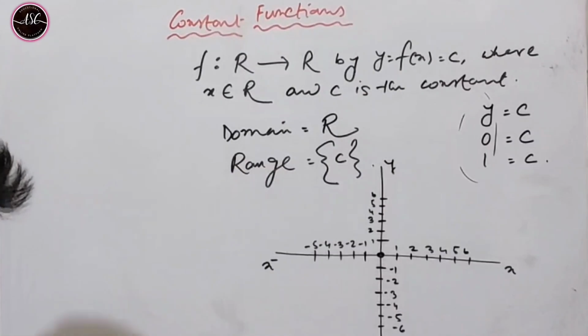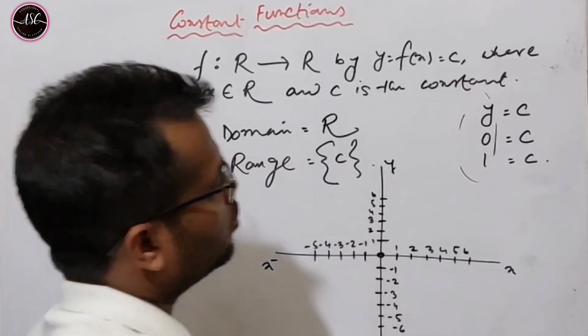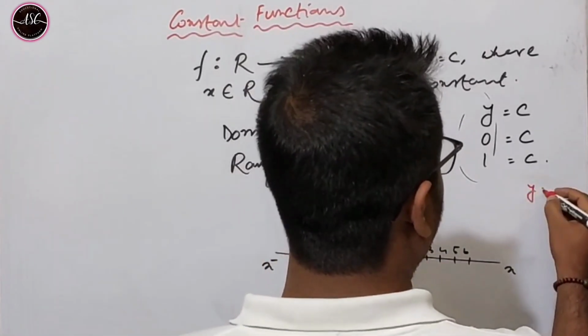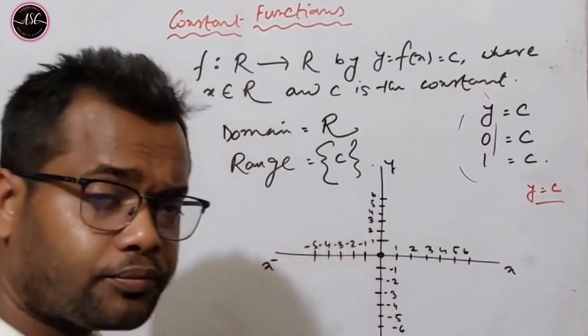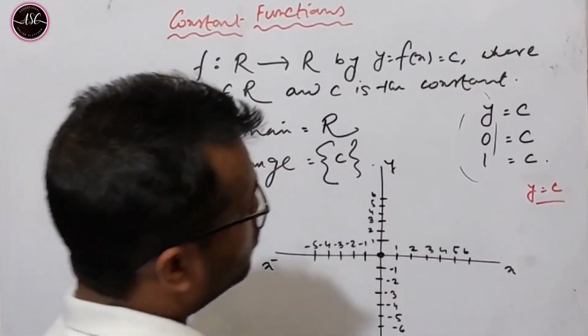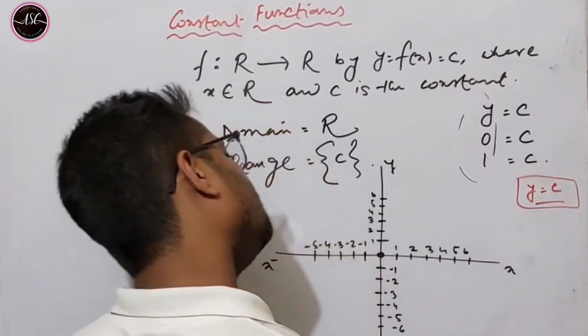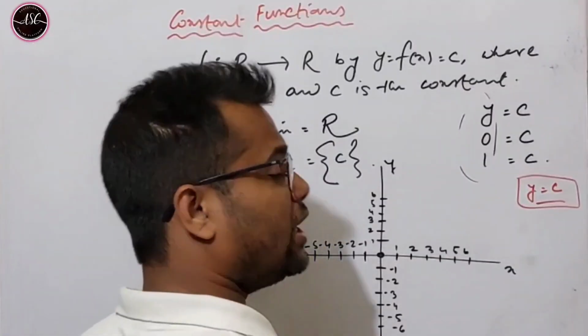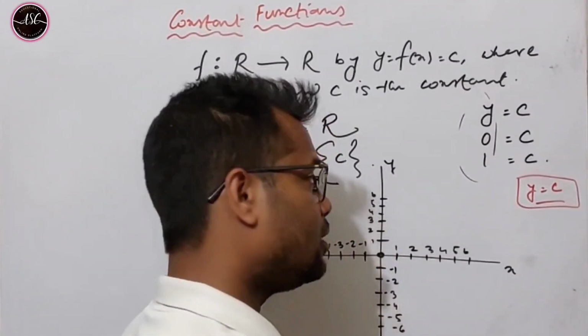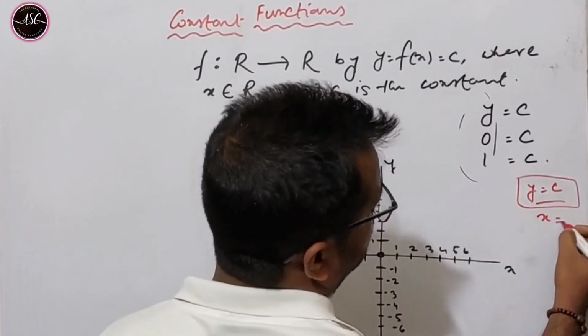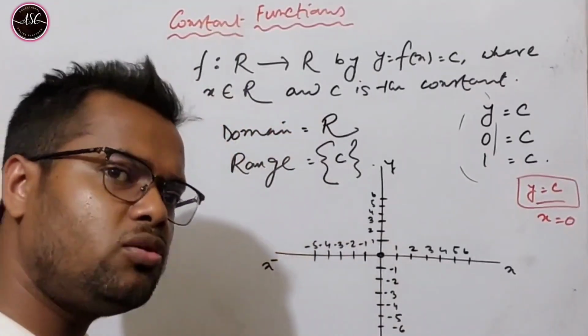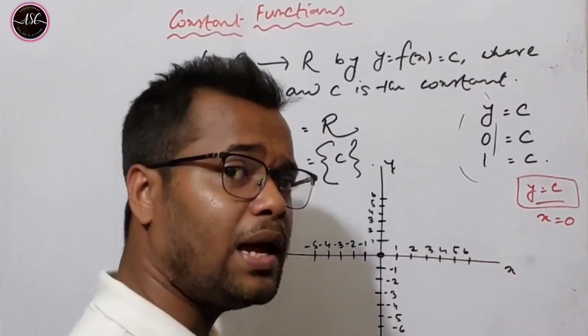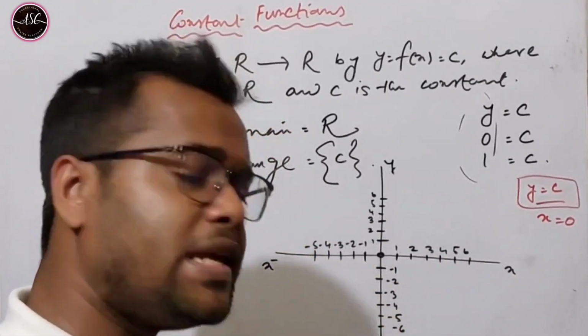So here we get y equal to c. Okay. Then the equation y equal to c means x equal to 0, that means the x axis, and y equal to c.